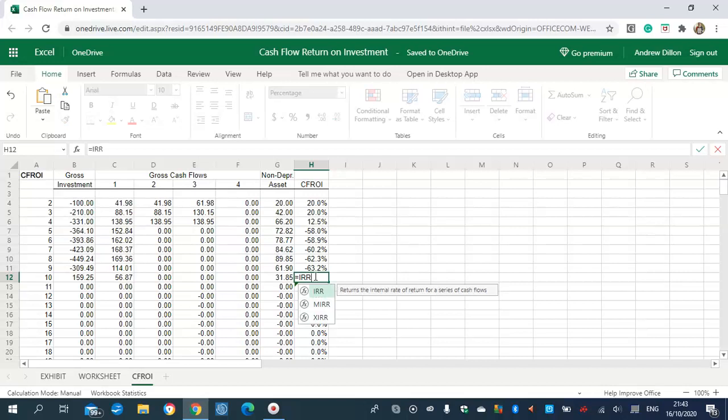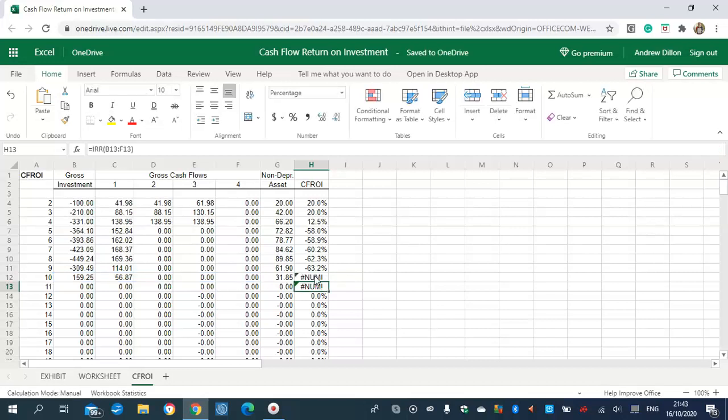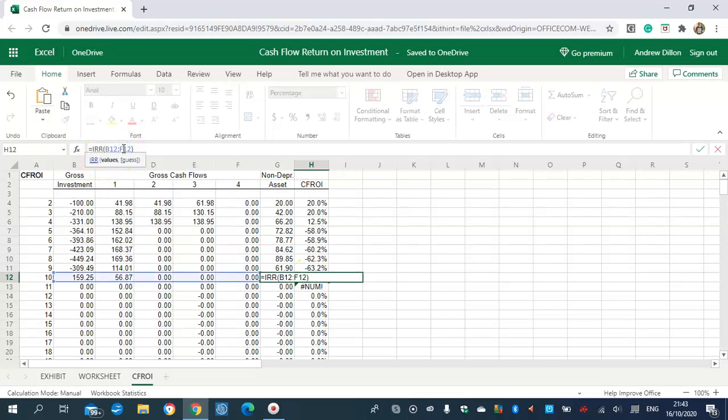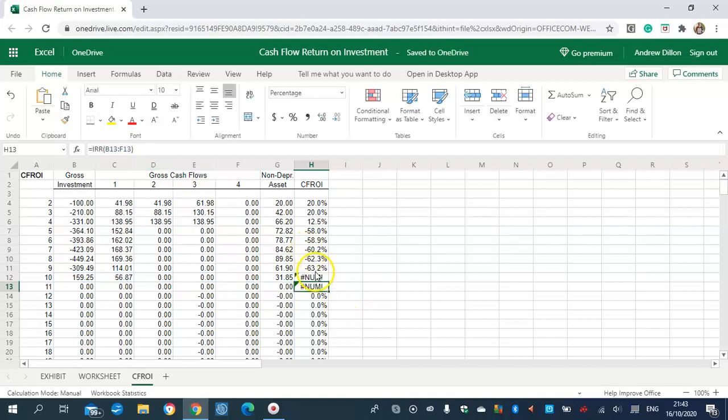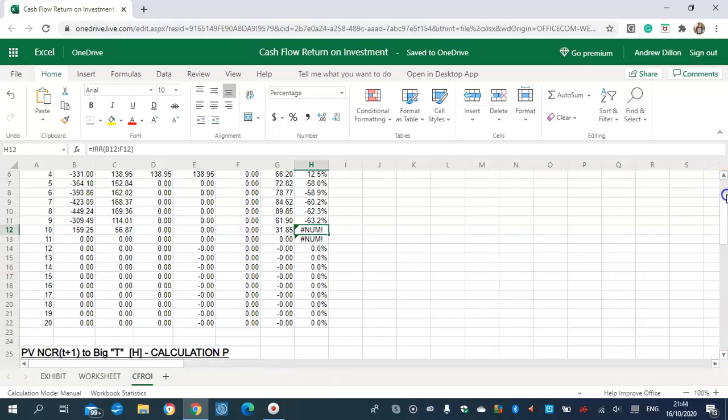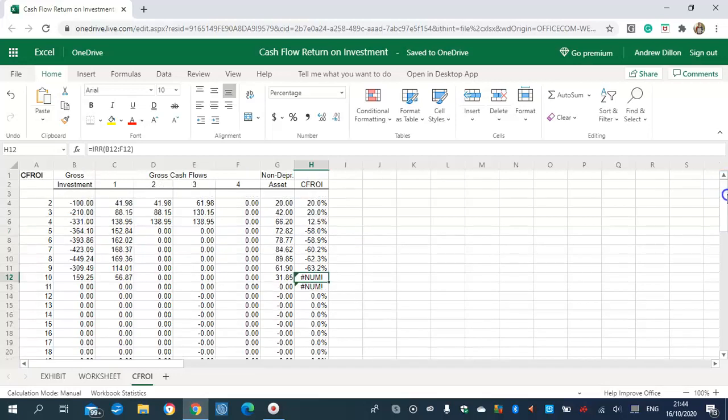Internal rate of return, IRR. Okay. So that's going out to my loans and in there, so present value.